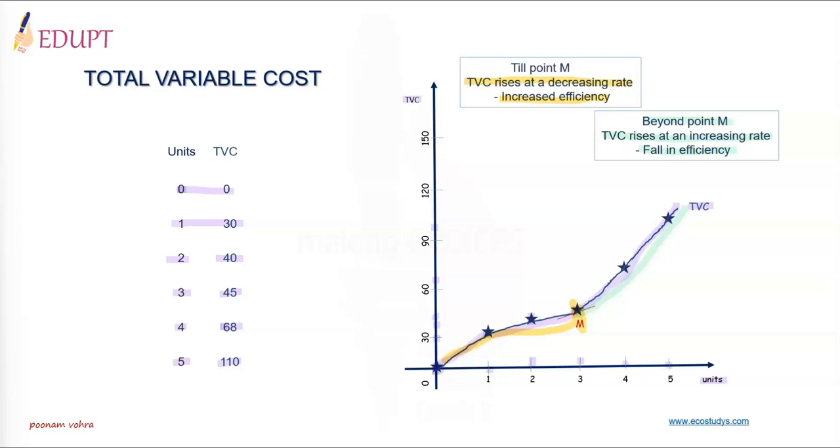Hence, total variable cost is concave till M and then becomes convex and upward rising. So, point M is the point of inflection. The first phase is up to point M and second phase is after point M.